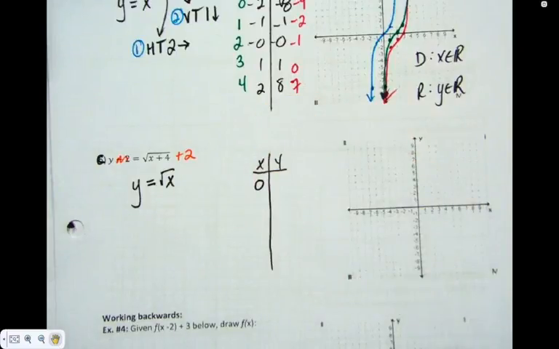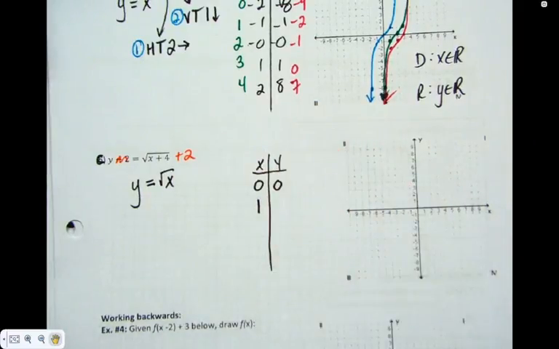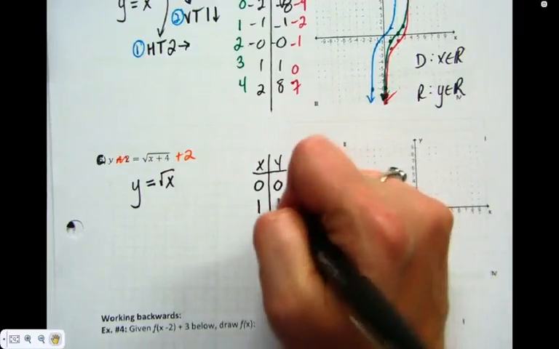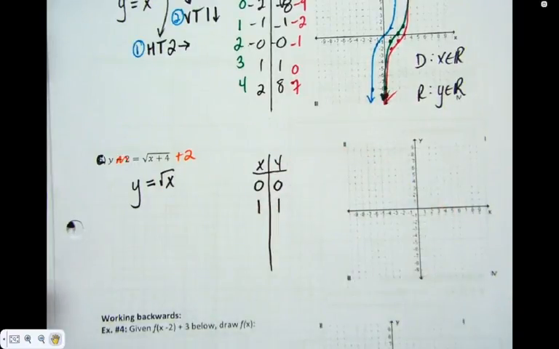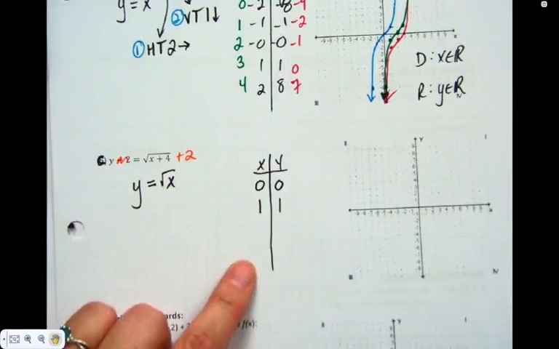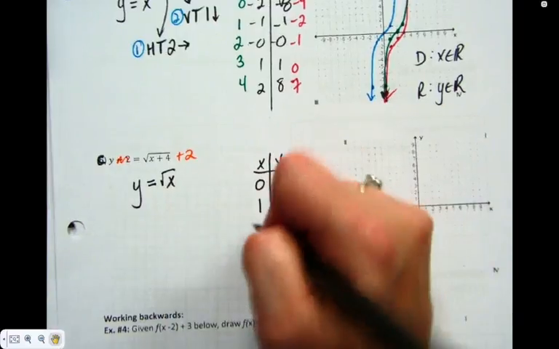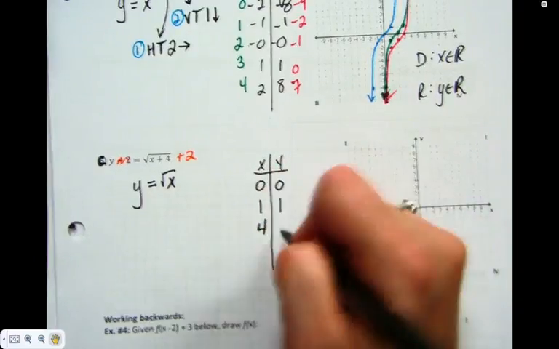What's the square root of 0? Can I use 1? The square root of 1 is? Now I could use 2, but the square root of 2 isn't a perfect square. It's hard to get without a calculator. So what would be the next best choice for my x value? 4 is a great choice because the square root of 4 is 2.